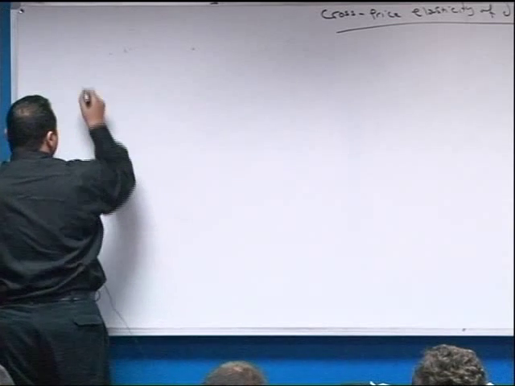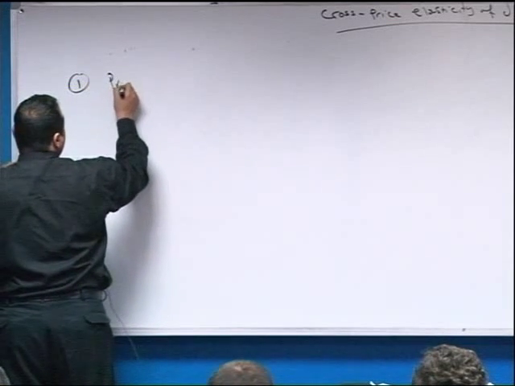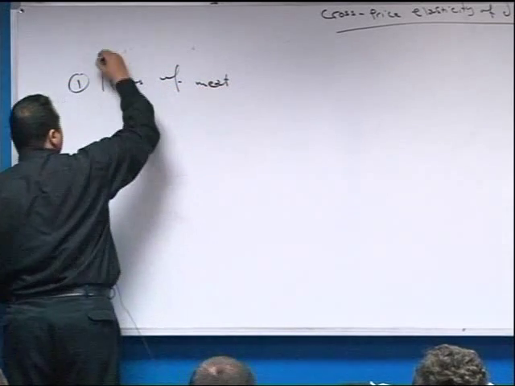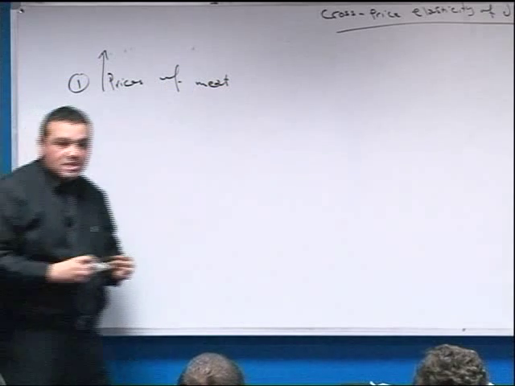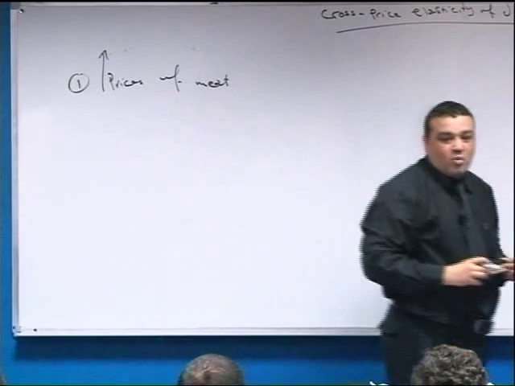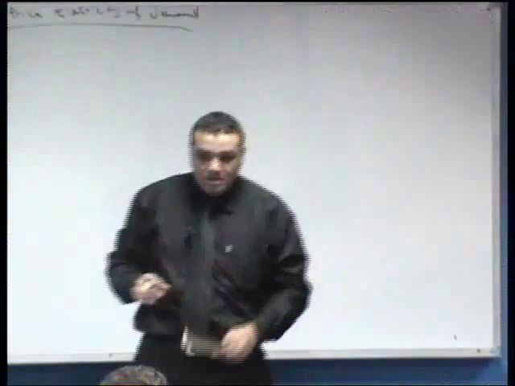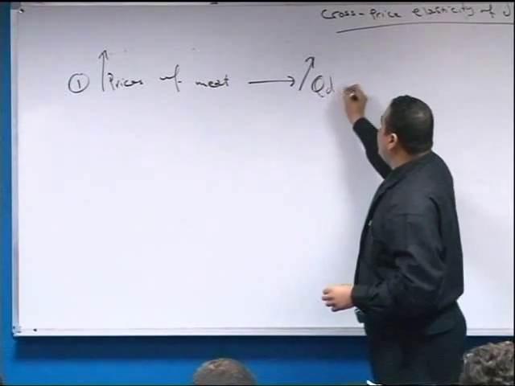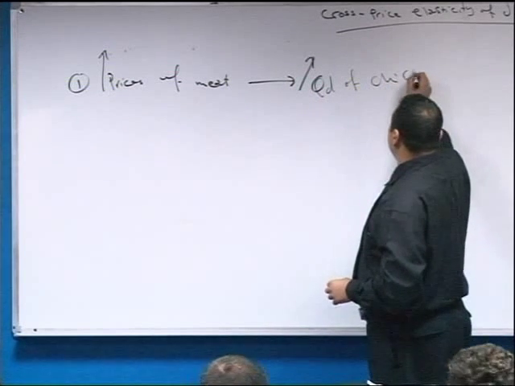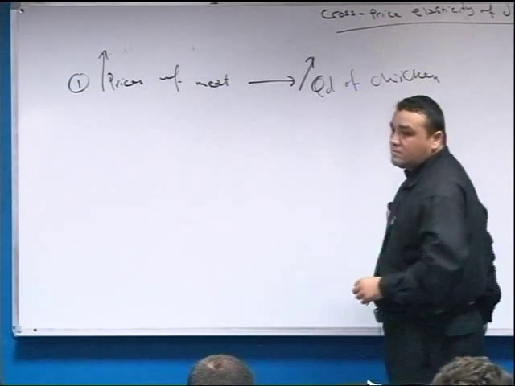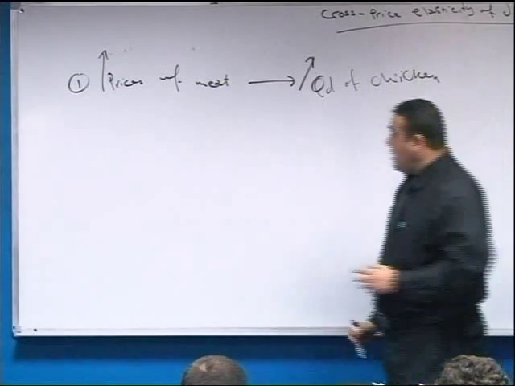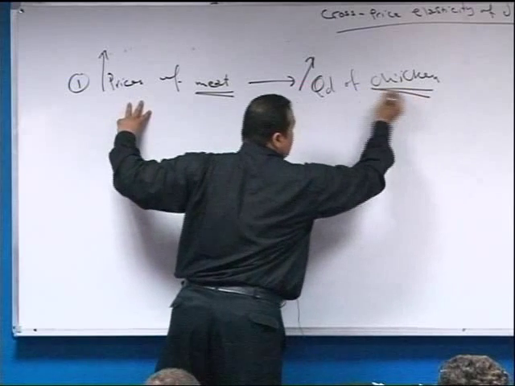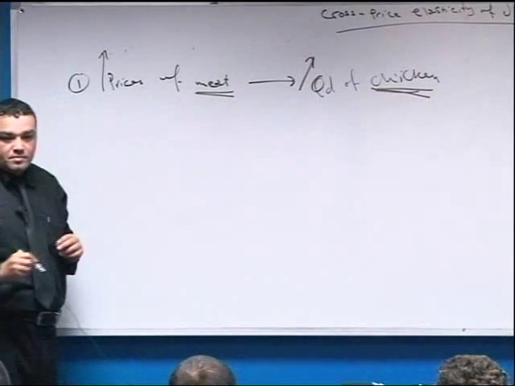When the prices of meat increased, this leads to an increase in the quantity demanded of chicken, right? So, as you see, these 2 goods are substitutes, right?